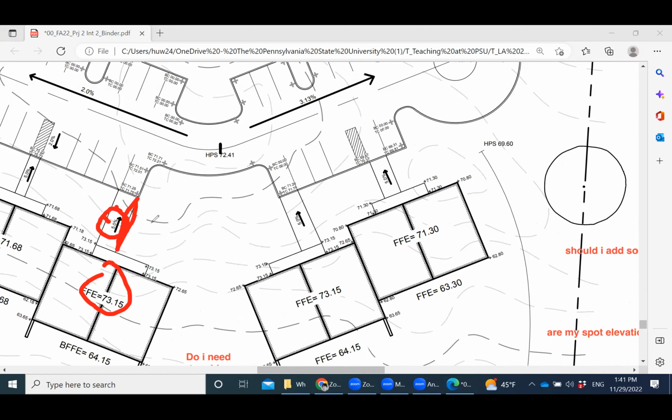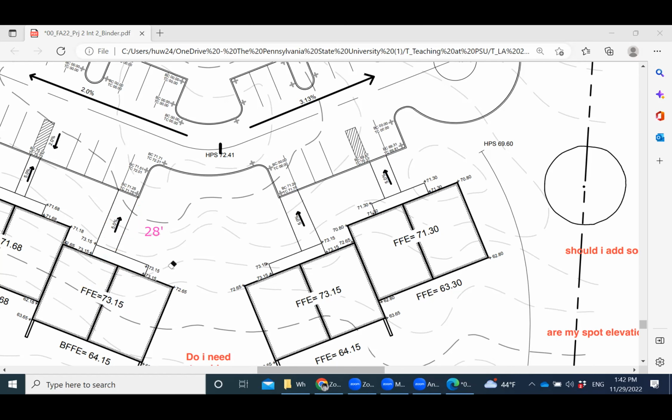If it's 40, that gets you to 73.75. It's possible that you added 0.5 to your porch. This is 28 feet, 28.47. If that's the case, you wouldn't be able to get up to 73.15 there. I might have gotten something wrong with that.